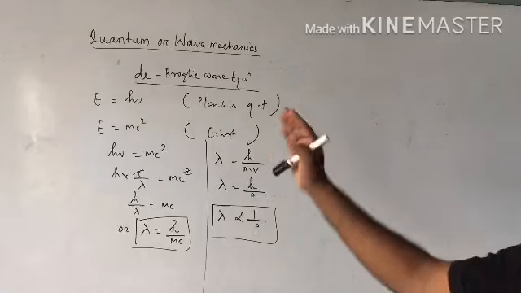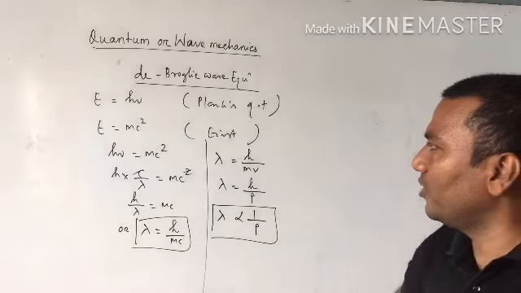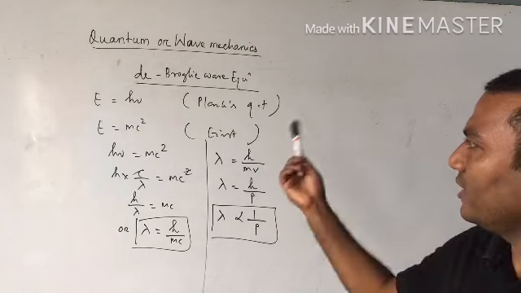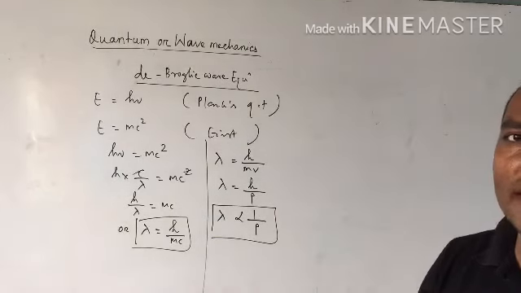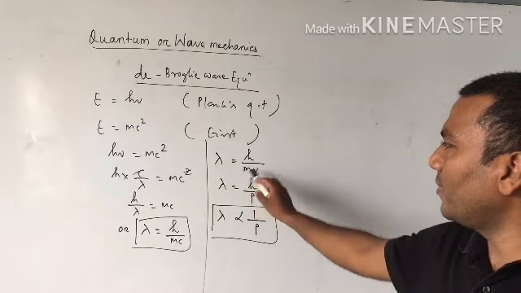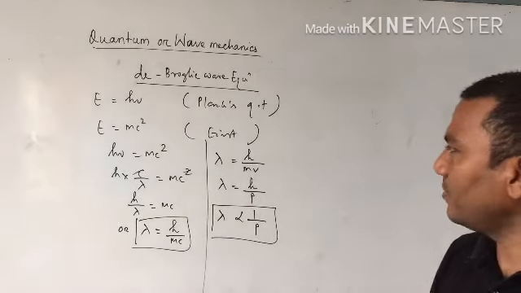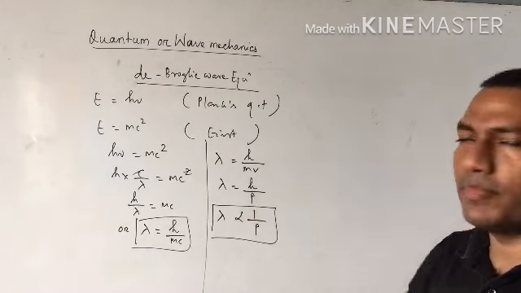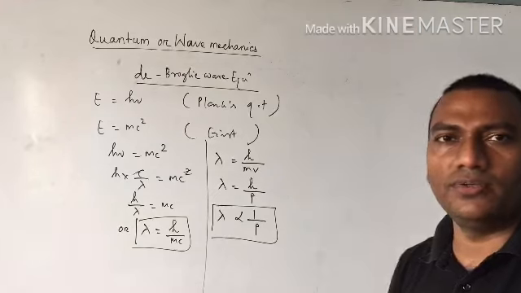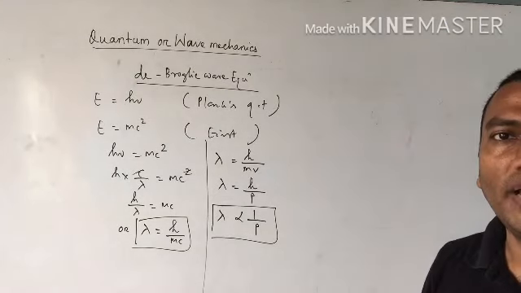Got the idea? So E equals h nu is Planck's quantum theory, E equals mc square is Einstein's equation. What did he do? He combined these two equations to get the relation lambda equals h by mv, or lambda equals h by p, or lambda is proportional to 1 by p.